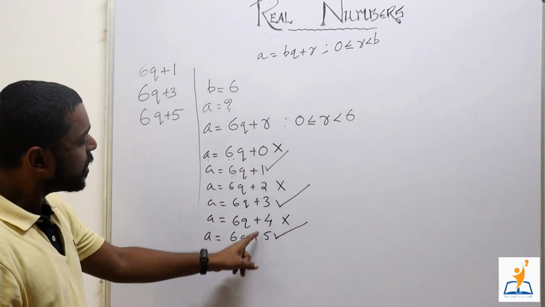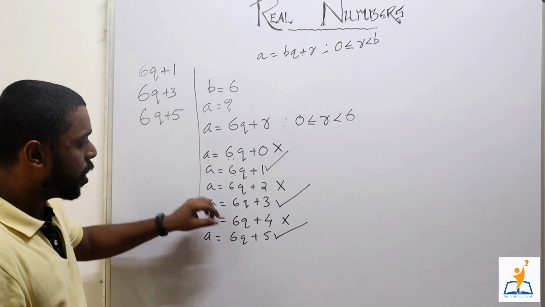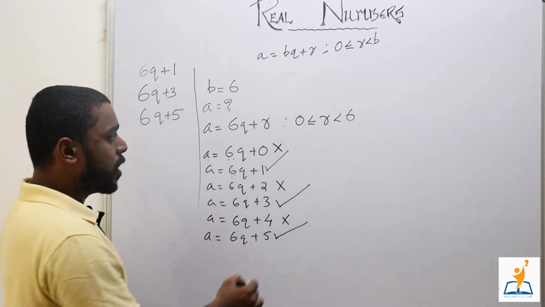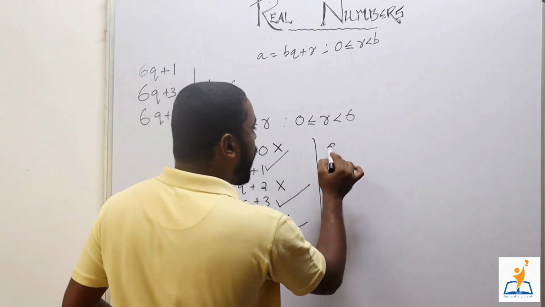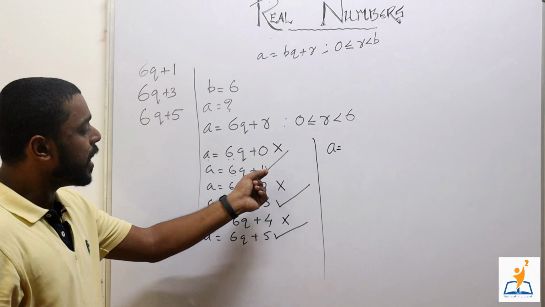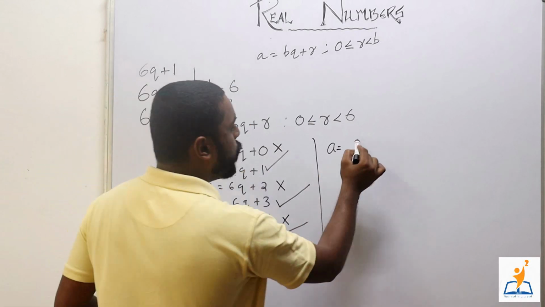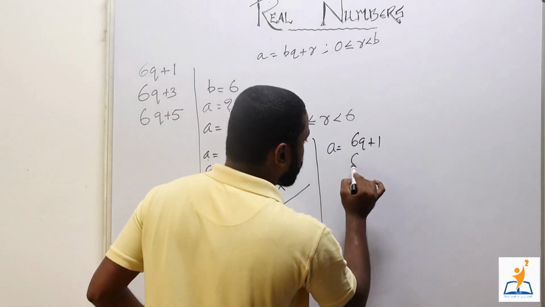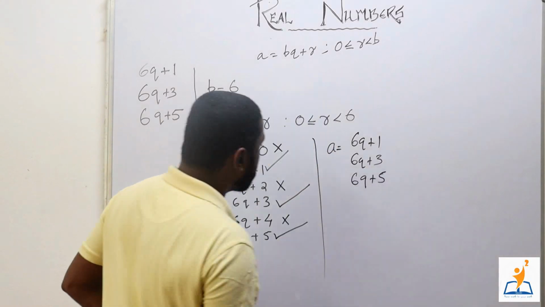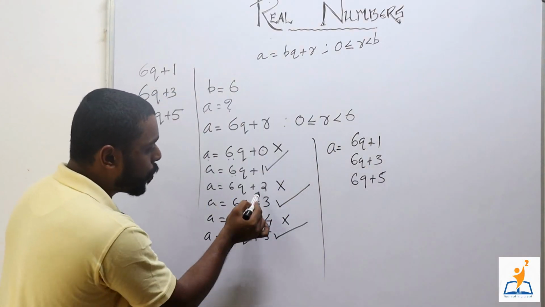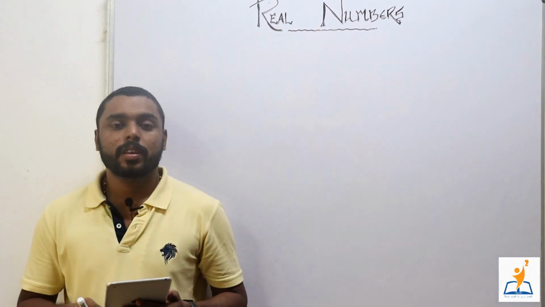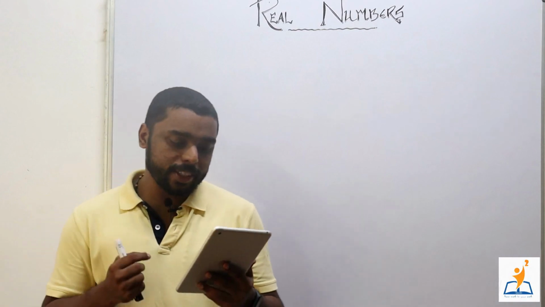So in this representation, only 3 of them will be odd numbers. So it is clear that if a is any positive odd integer, we can represent a in only one of the forms 6q plus 1 or 6q plus 3 or 6q plus 5, since the other 3 forms are forms of even numbers. Is it clear? So we can move to the next question.